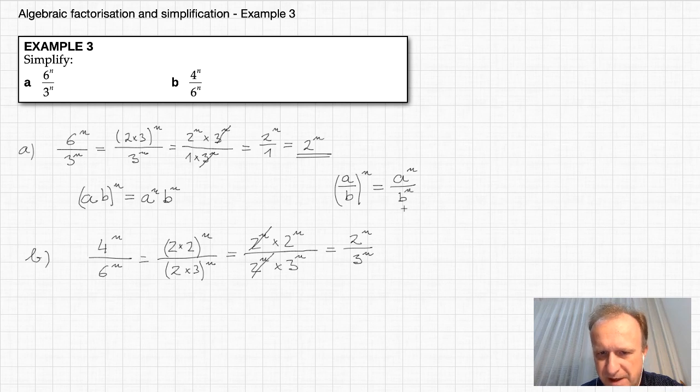We start here on the right hand side. This is our situation, 2 to the power of n divided by 3 to the power of n, and we should end up here. So this should be the same as (2/3) to the power of n, and this might be considered the final answer to this problem.